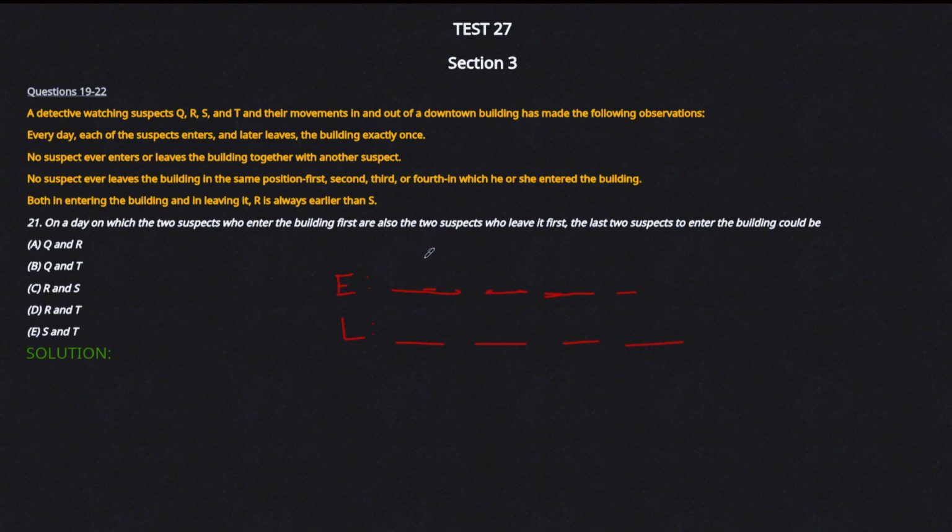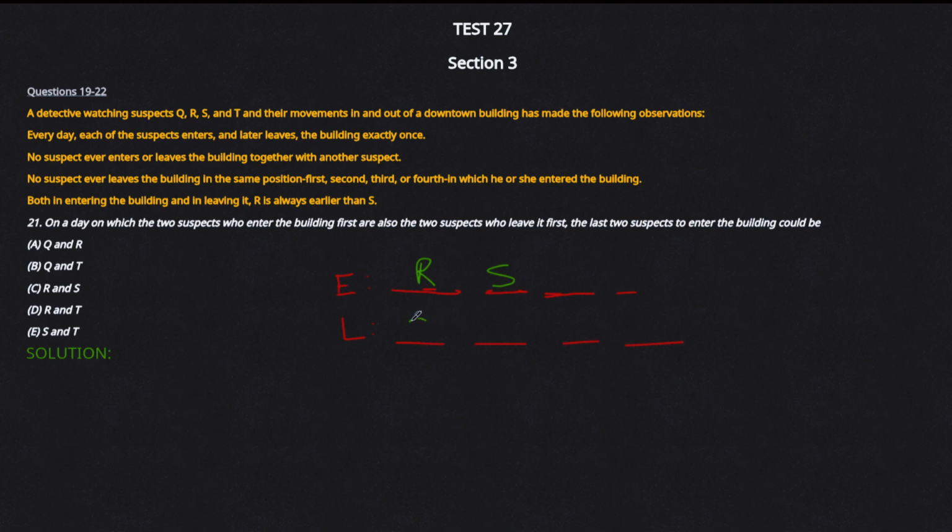Because we're given the condition that on a day on which the two suspects enter the building first are also the two suspects who leave it first. So let's say R is here and S is here. To satisfy this last condition, R is always earlier than S. So now, in the leaving order, we need to make sure that they are not in their original order in which they had entered the building.